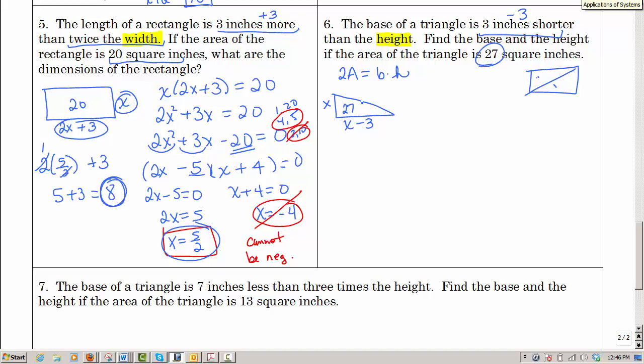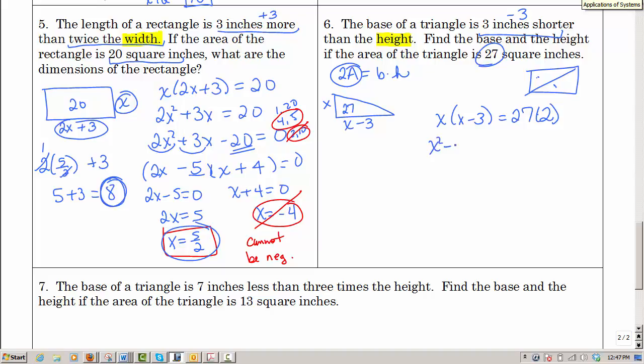So this is a little bit like the rectangle in that you could say I multiply that together, but x times x minus 3 doesn't equal 27. We'd have to have 27 times 2. Or you put the 1/2 on the other side. I'm going to do it this way.